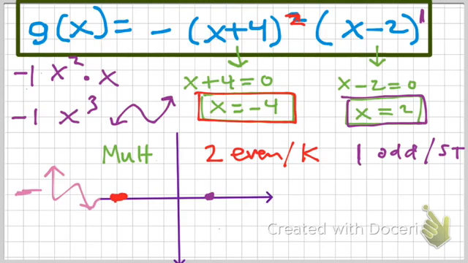So I'm going to start up and down. At x equals negative 4, I'm going to bounce off, or there's my kiss. And then I have to come back through x equals 2.